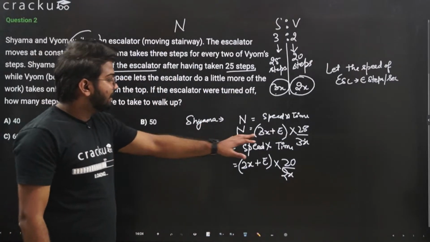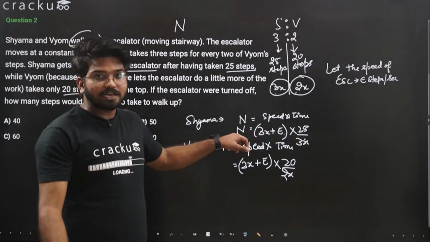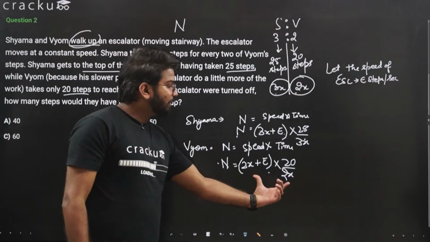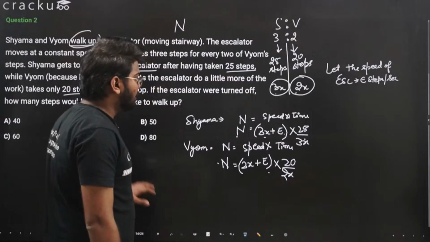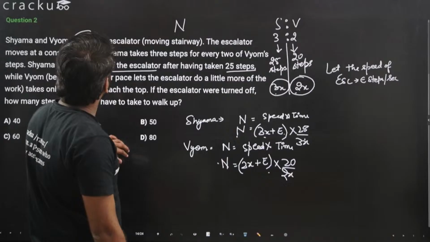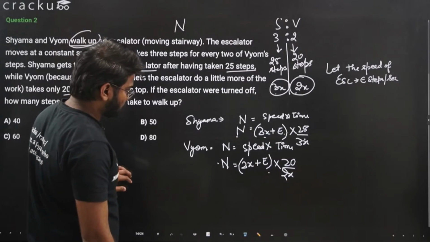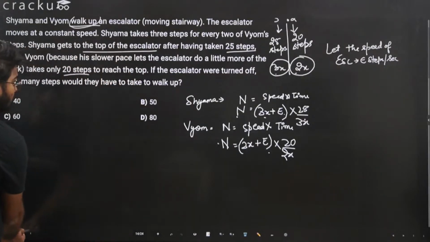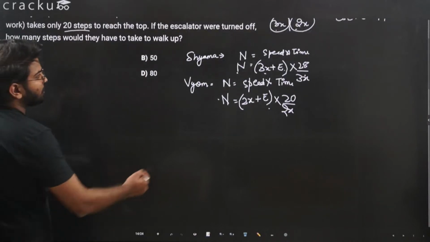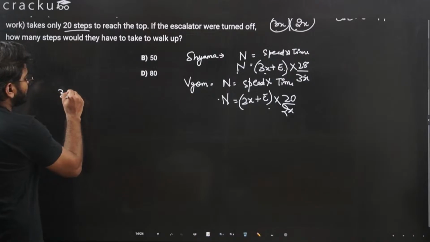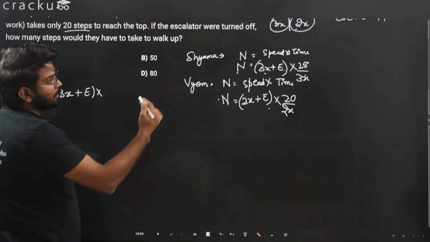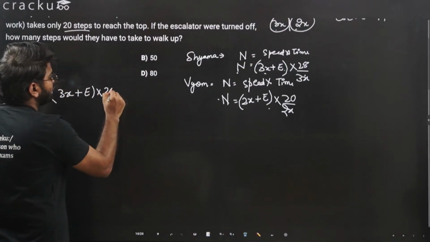We know that this is equal to the number of steps and this is also equal to the number of steps. So we can equate both of these equations. So let's say, we have 3x plus e into 25 by 3x.